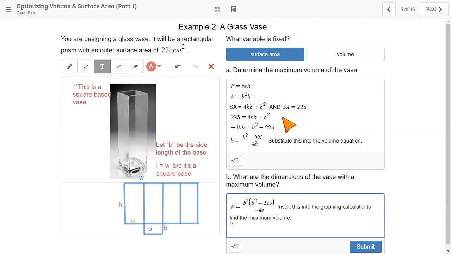So remember, y-axis represents volume, and x-axis is our b, which is our base. Let's substitute this in here now.